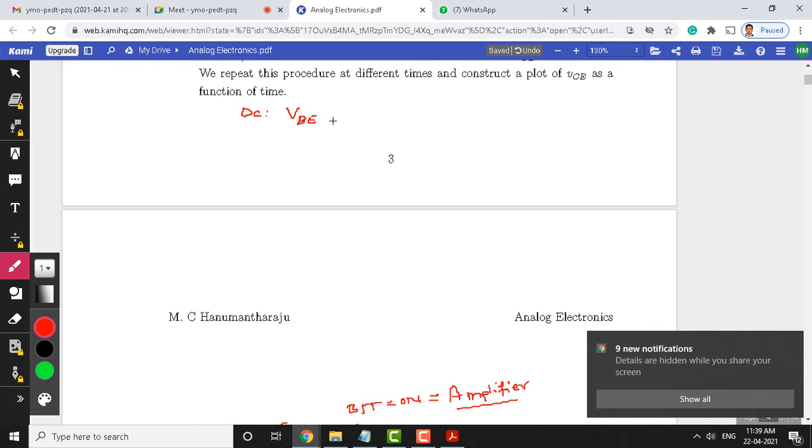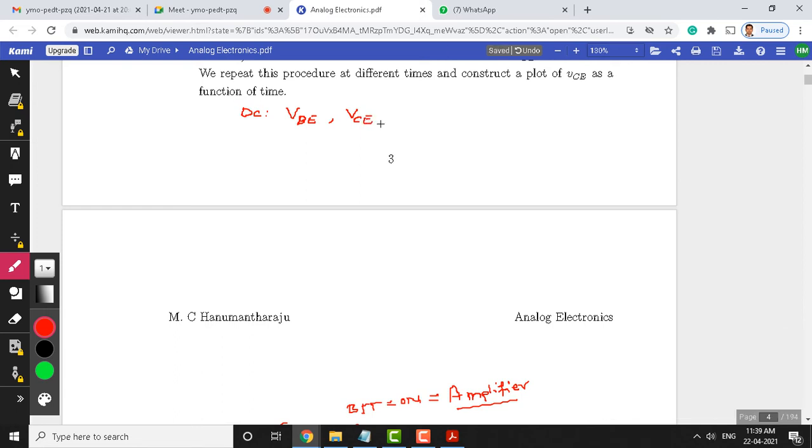Next is the collector emitter voltage, we indicate VCE. And there is another voltage, VCC, which is also DC. All these are DC: VBE, VCE. Are there any other DC voltages? I think these are the two very important voltages with reference to BJT.